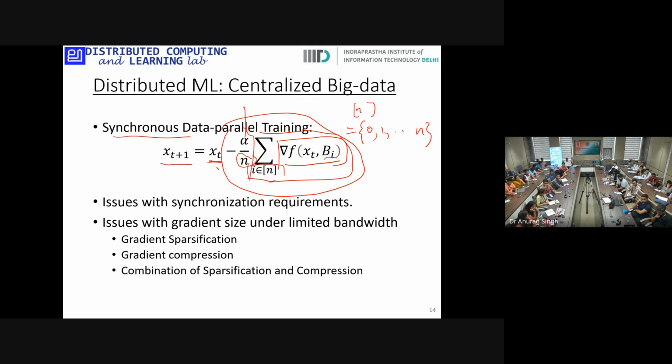Unless you can sum them up together, you cannot take the next step. You cannot complete your iteration. Because you are waiting for all the cores to complete their task, it is synchronous. So, synchronous data parallel. Everyone fine with the idea of what I said? Data parallel because multiple cores are computing, and synchronous because unless the entire computation happens, you cannot take the next step.